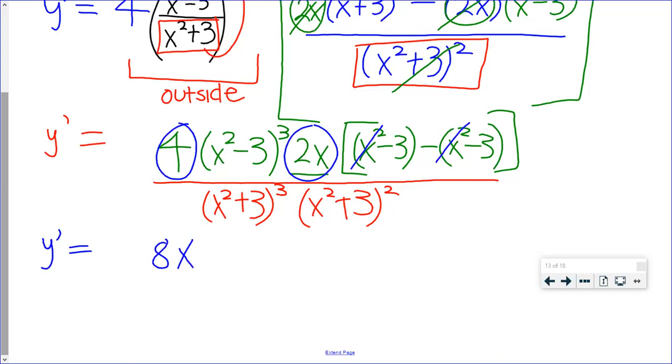When you apply the distributive property, you'll see that this was actually my copy mistake. That was x squared plus 3 minus x squared minus 3. So positive 3 minus negative 3 does give us positive 6. And I also have this x squared minus 3 to the power of 3 that I have to deal with as well.